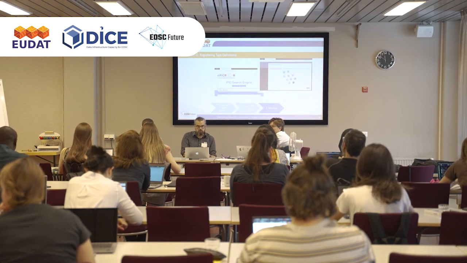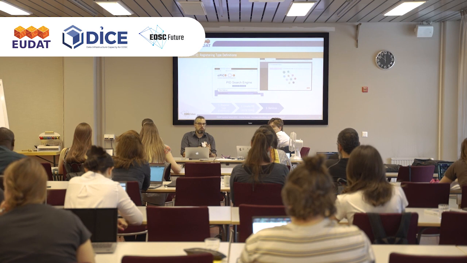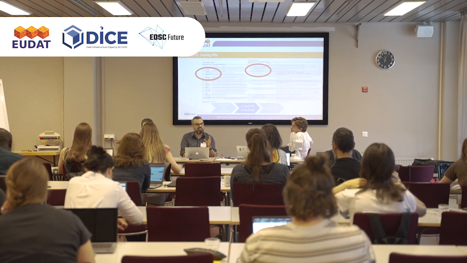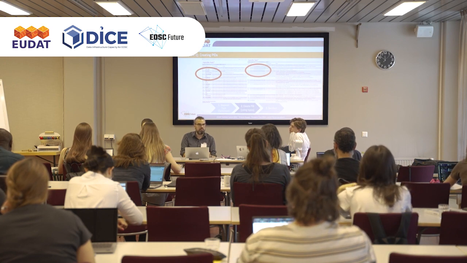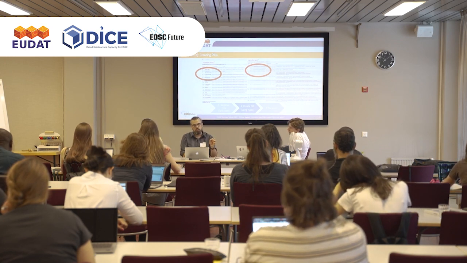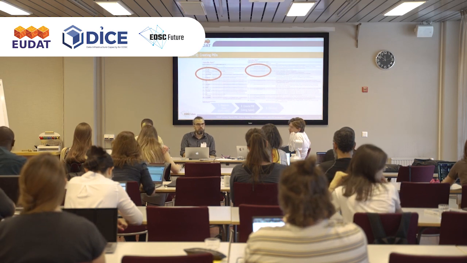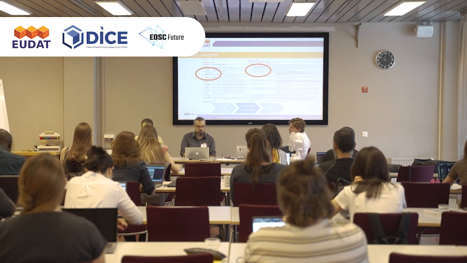So let me jump back to these three steps. The first step was to describe what you want to describe and get a unique ID for this description. The second is to use this unique ID for the descriptions in the metadata fields.